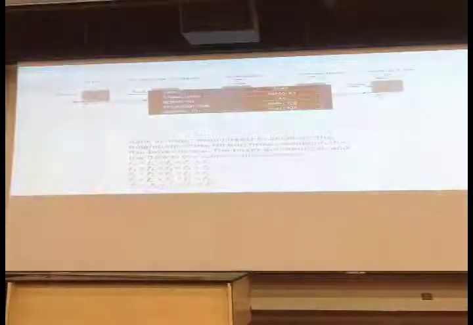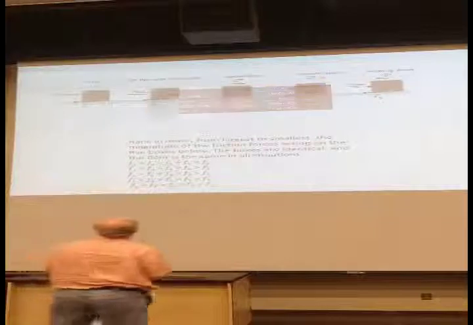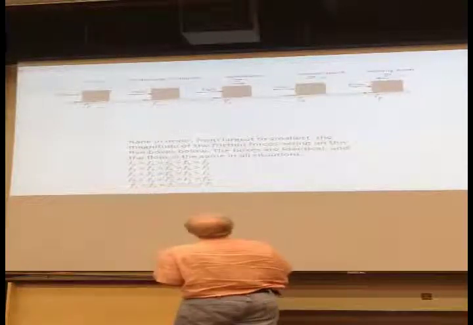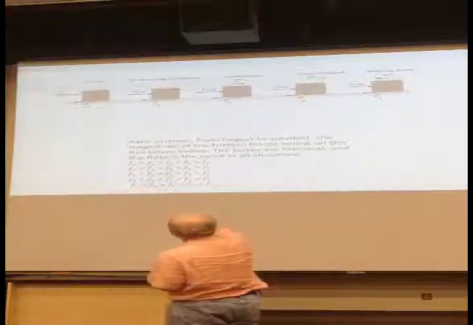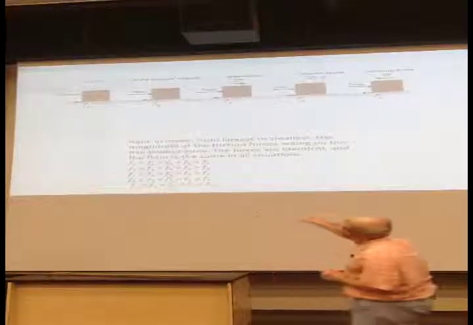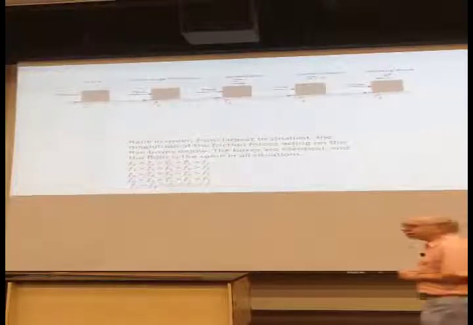So if I did this right, it should be the last one. F2 is greater than F3, equal to F4, equal to F5, and greater than F1. So the last one here is the correct solution.